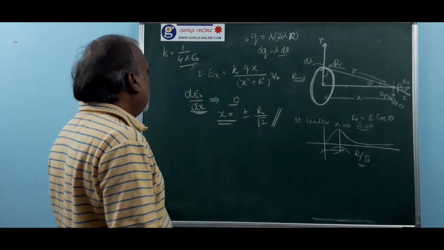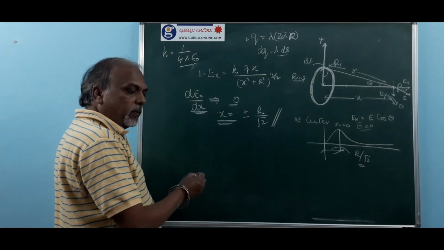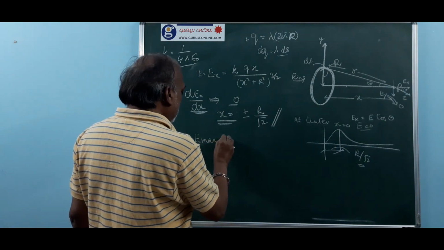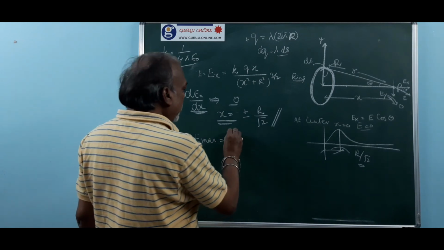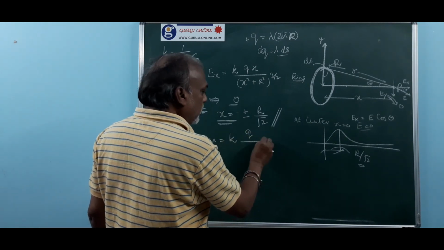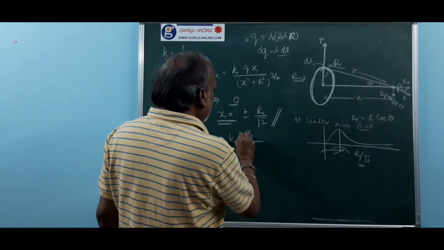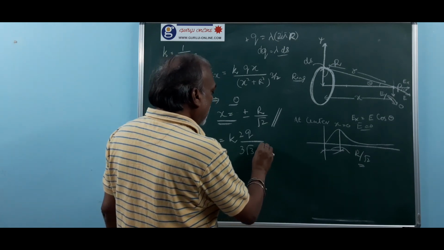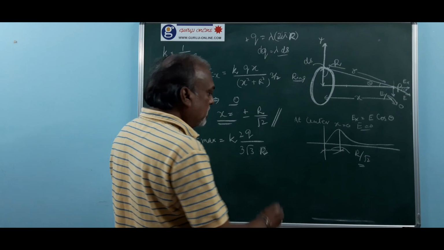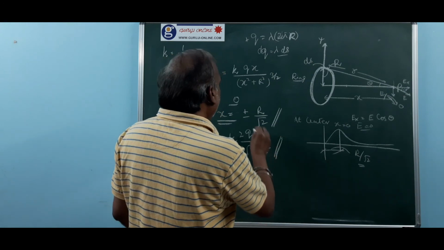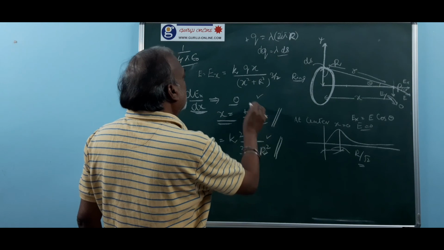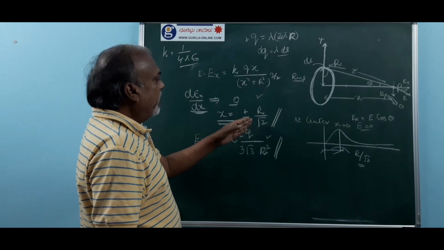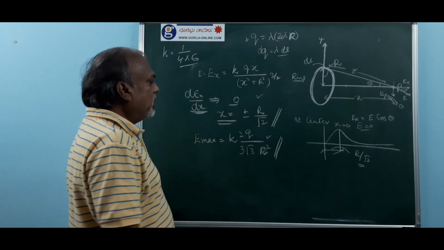And what will be the value of this electric field? This will be E max. If you put the value, this will be nothing but K Q upon 3 root 3 R square. So this you can do yourself. Just take the derivative of this with respect to x, equate it to 0, you will find this value, put this value in this, and you will get this value.